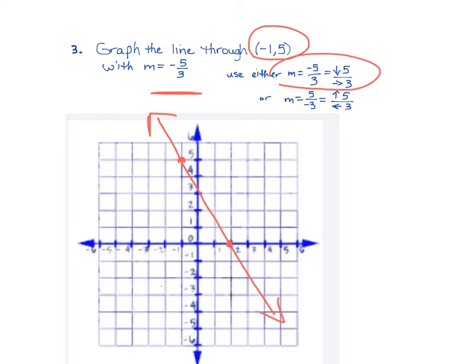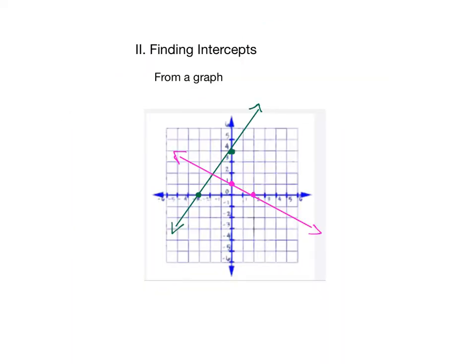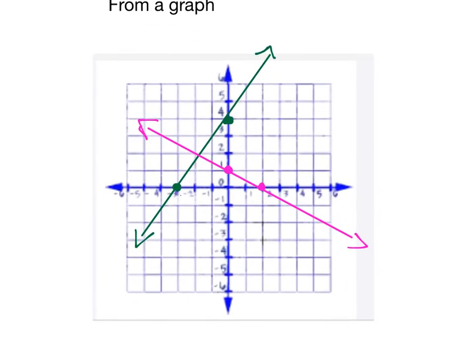So we're going to find intercepts. And the first way is from a graph. So if I look at a graph and I ask you to find the x and the y intercepts, all I'm asking you to find is where does it cross that specific axis. So let's do the green line first. For the green line, when I ask you to find the y-intercept, all I'm asking you to find is where does it cross the y-axis.